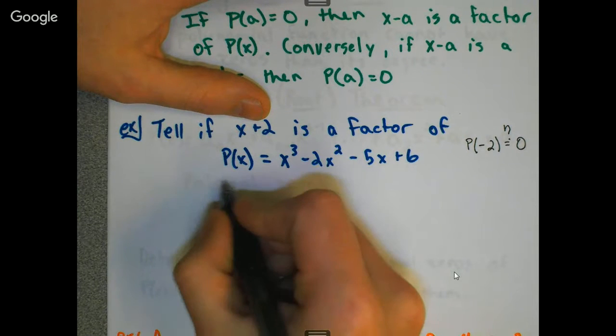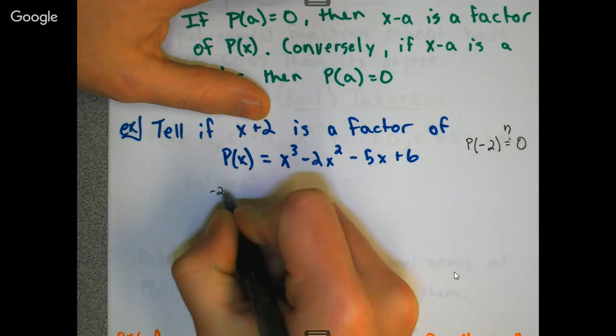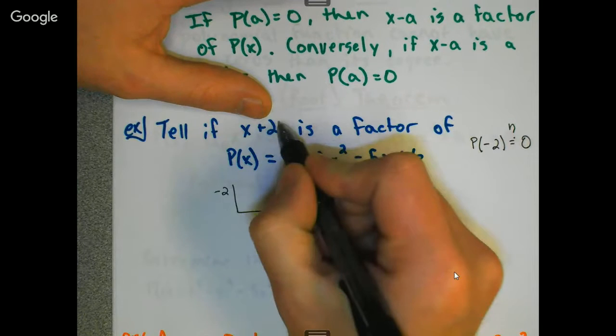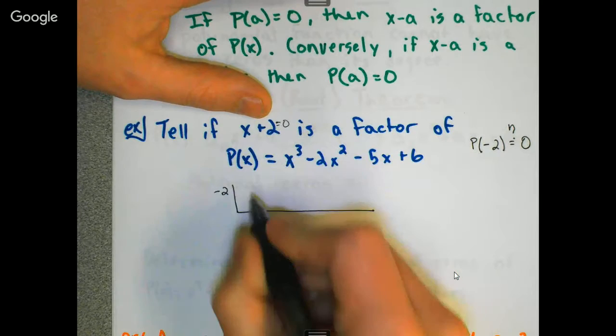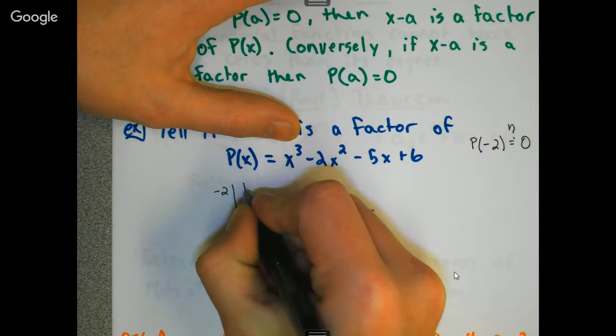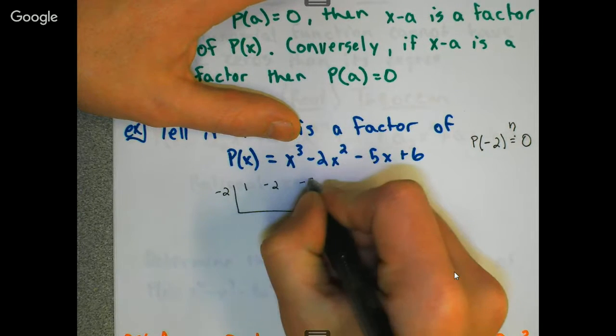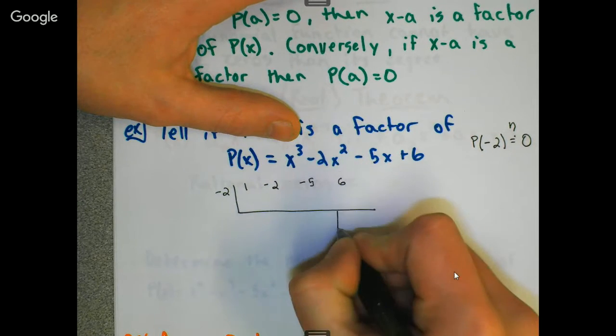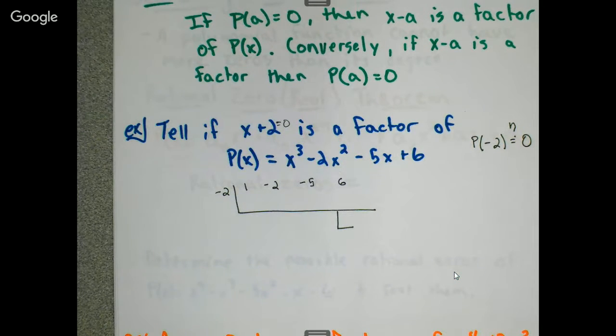So we'll use synthetic division and pull out a -2 is what we're dividing by. Remember, we set x plus 2 equal to 0 and solve it. So I got 3, 2, 1, 0. I don't need any placeholders, and we're curious about that remainder there.